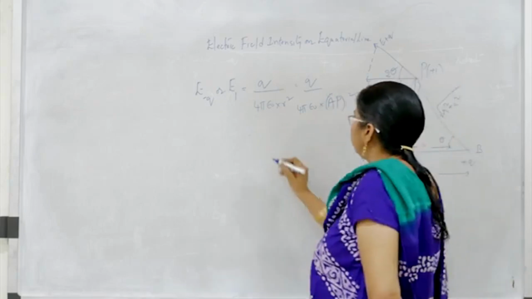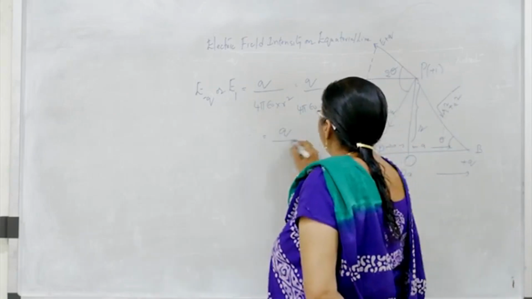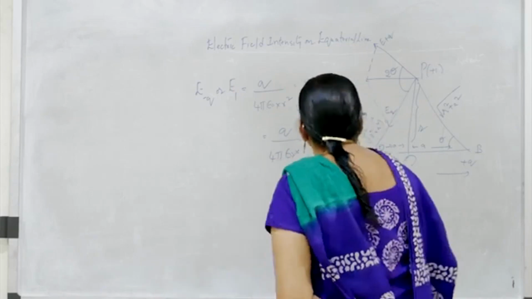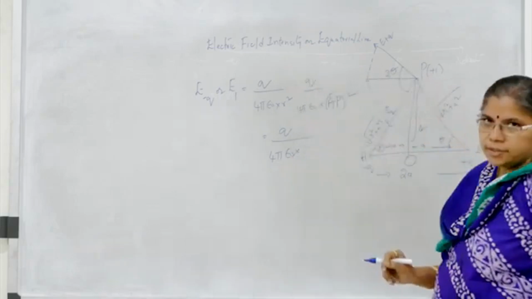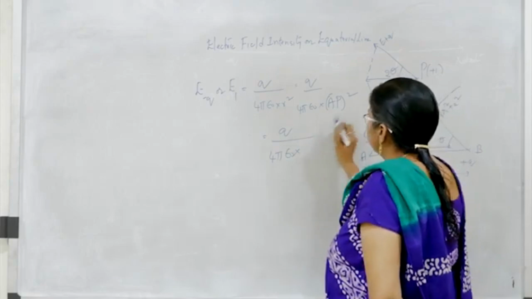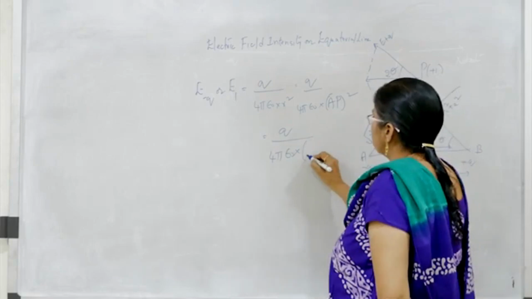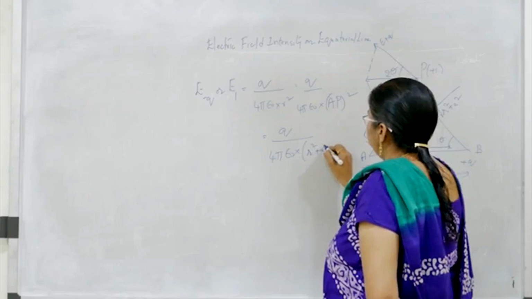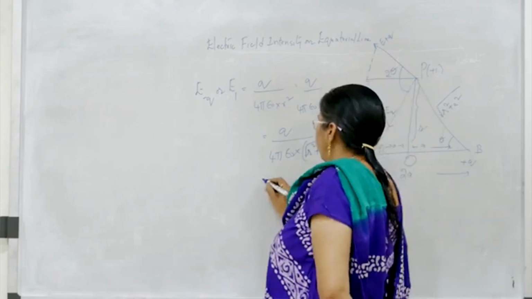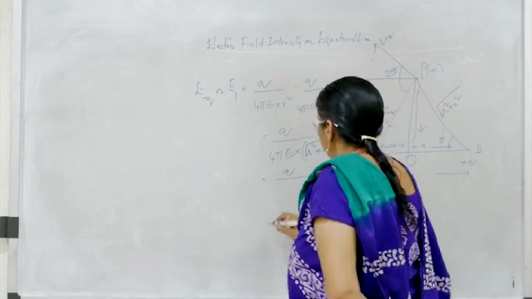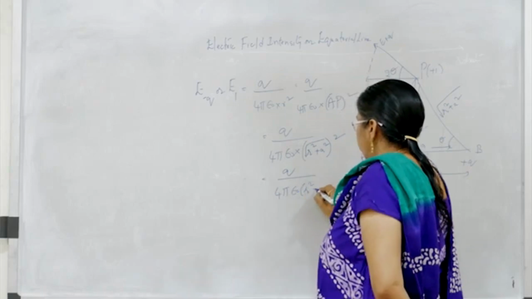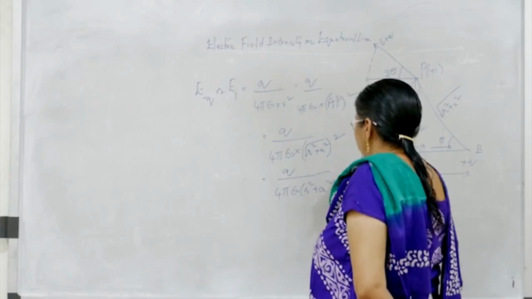AP square means r square plus a square, so the root cancels with the square and this becomes q by 4 pi epsilon naught into r square plus a square.